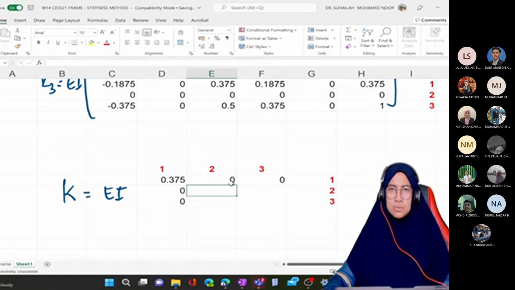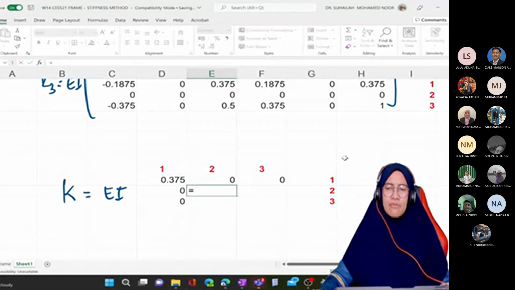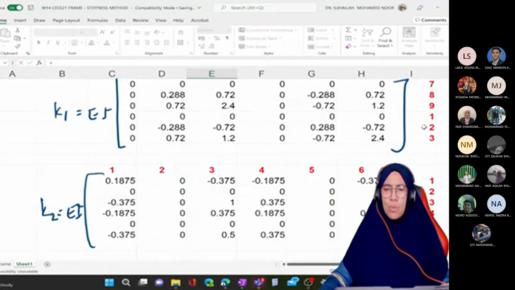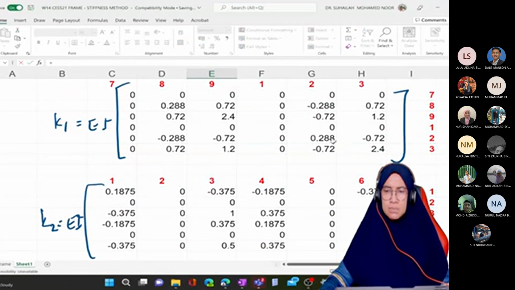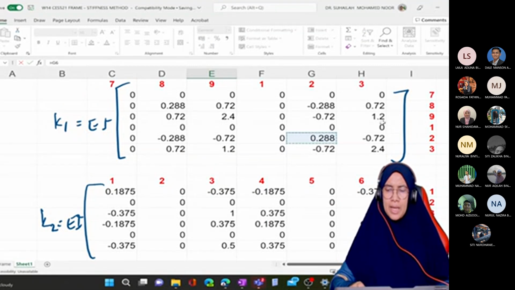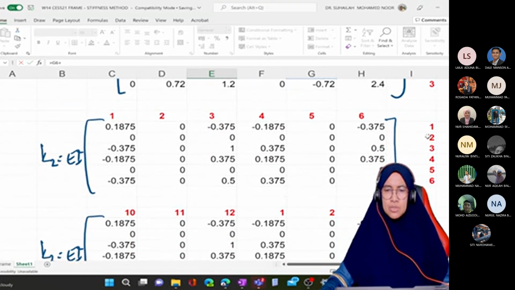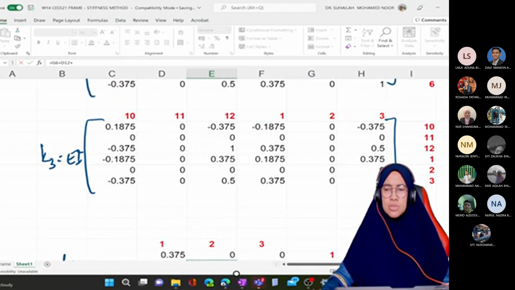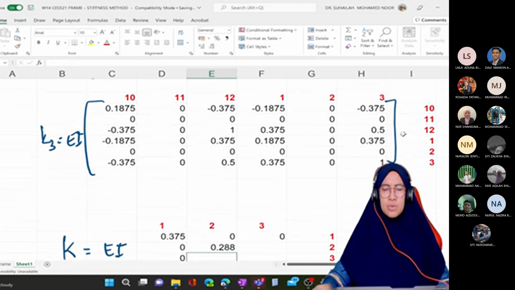Position 2, 2: from K1, 2, 2 is 0.288, plus 2, 2 in K2 equal to 0, plus 2, 2 in K3 also equal to 0.